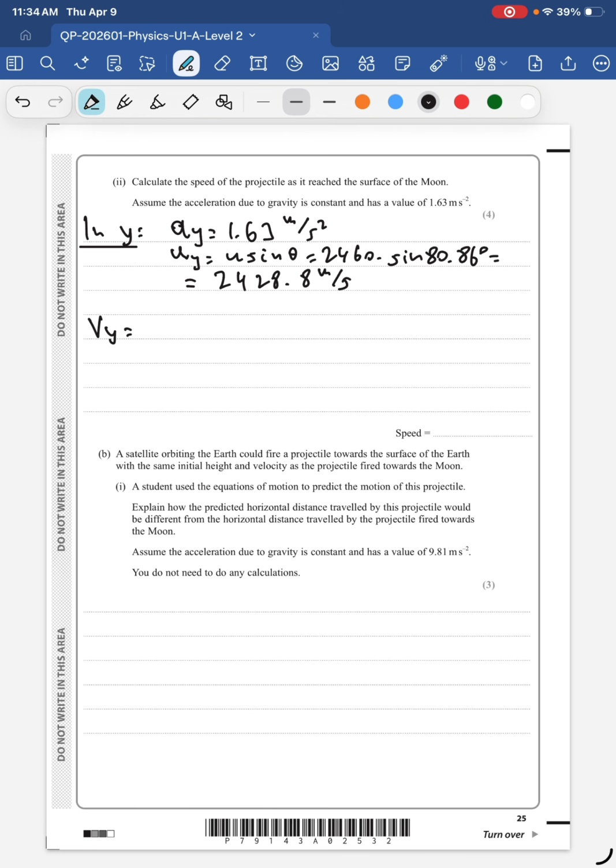So Vy, using Suvat equations, is Uy plus a times t. So Vy is 2,428.8 plus 1.63 times 7.5. So Vy is 2,441 meters per second.